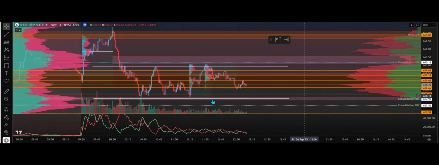Now, let's go ahead and run through this real quick. So, we see that it's made a lower high from here to here. We see it's made a lower low from here to here. Now, when price comes down here, that technically is a higher low, right? This one right here versus this one right here.